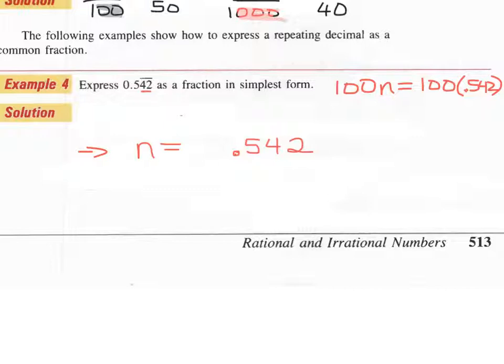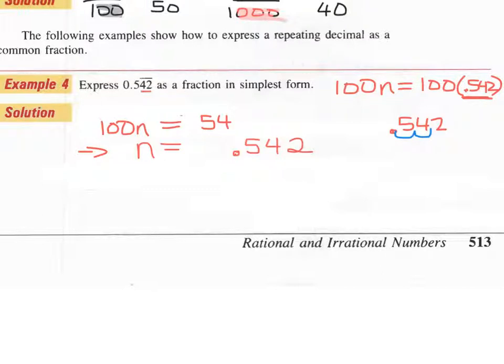So now I'm going to write the result on top here, 100n equals, and when I multiply a decimal by a power of 10, all I have to do is move the decimal point the number of zeros. So if I take 0.542 and move it 2 times, 1, 2, I get 54.2.